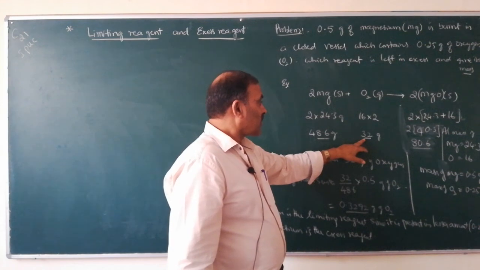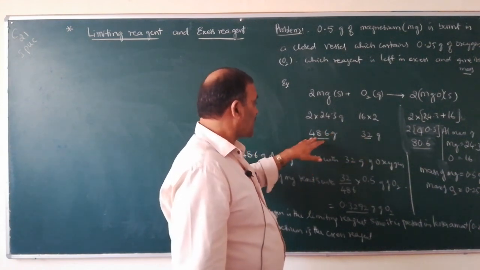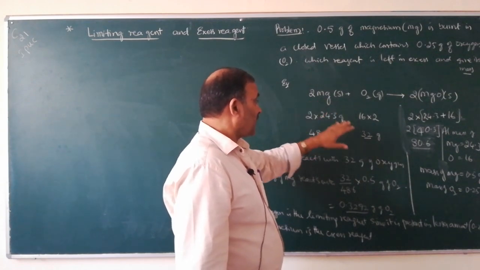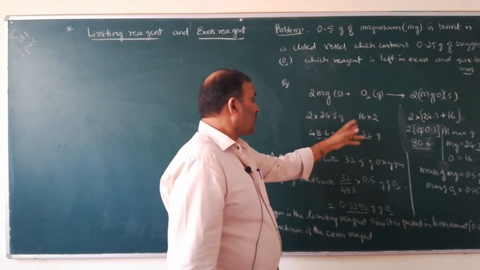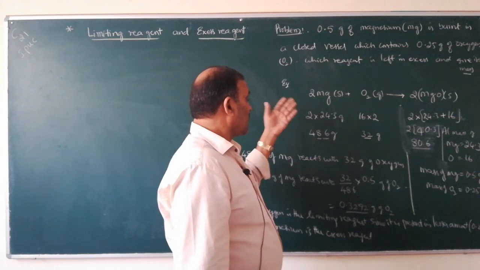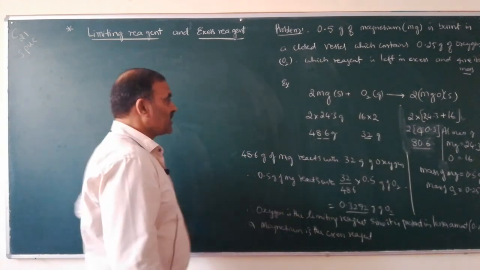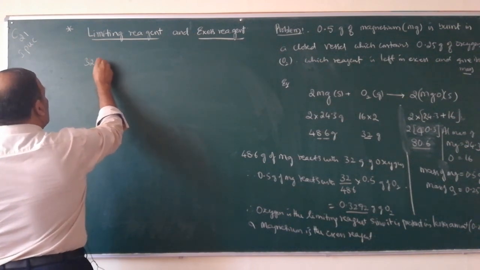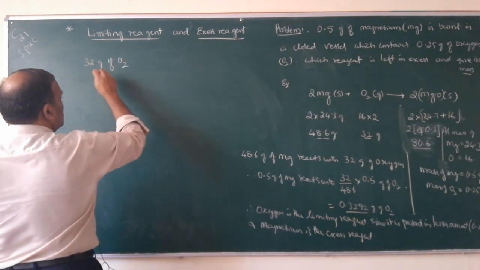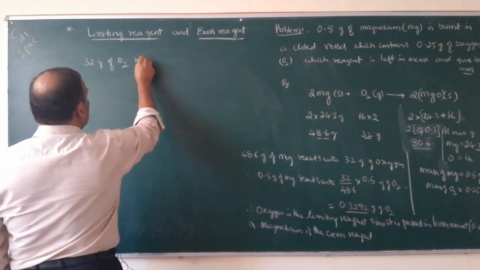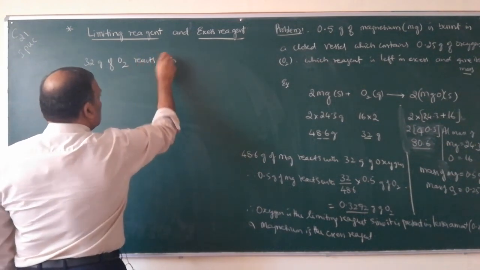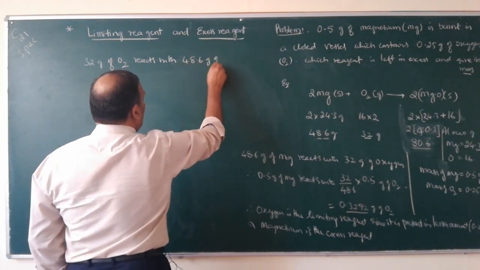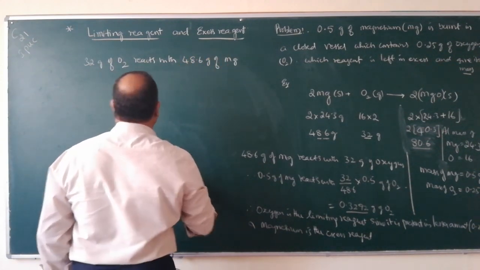32 gram of oxygen reacts with 48.6 grams of magnesium, but 0.25 gram of oxygen reacts with how many grams of magnesium? So write down: 32 gram of oxygen reacts with 48.6 gram of magnesium.